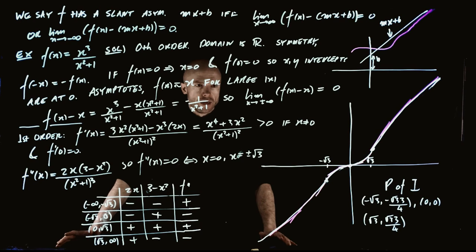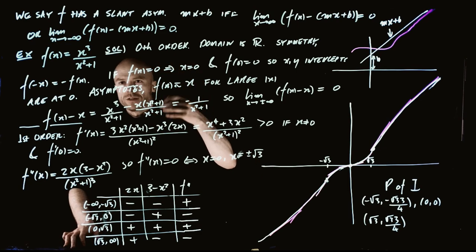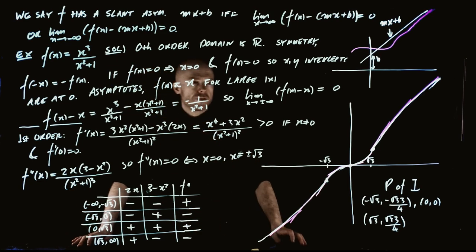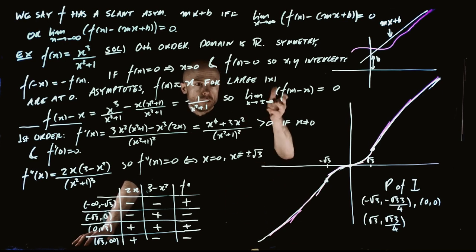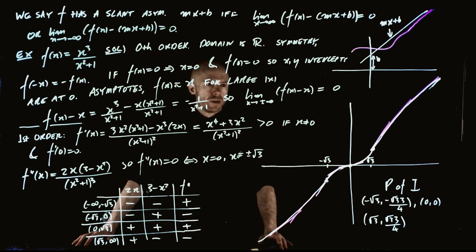And that's mostly the kind of example you'll have for slant asymptotes. And then we check it with some algebra. Again, it's very analogous to the way we did horizontal asymptotes. And that's the only new thing that we have to apply in this particular example.